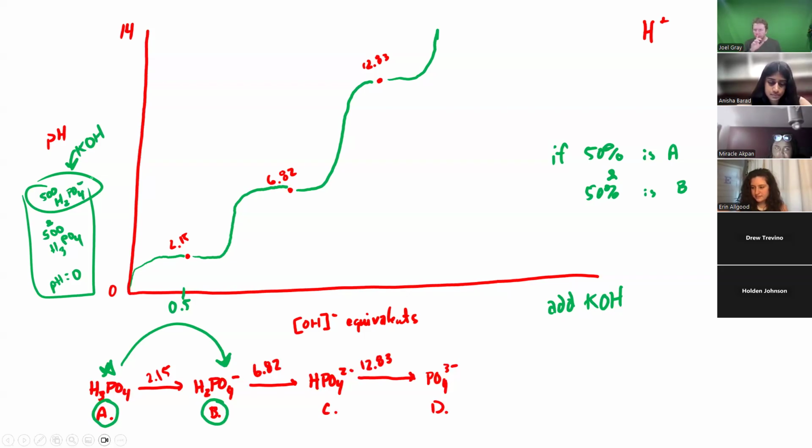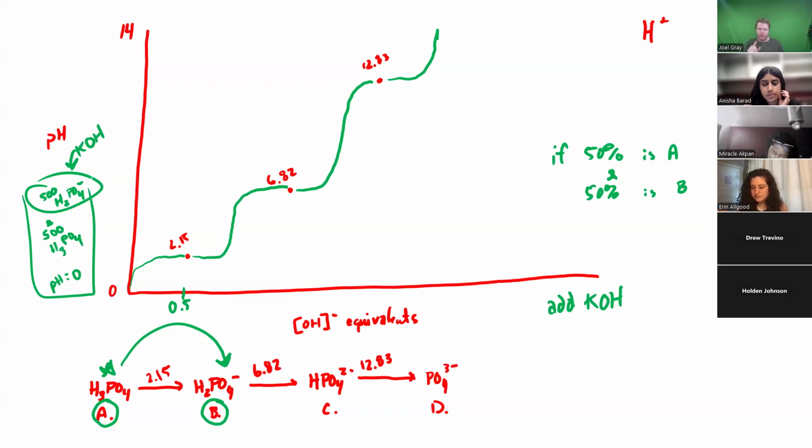Does everyone follow that? Does everyone visualize that point? Basically, I've deprotonated half of the molecules. Not completely deprotonated, but I've removed one proton from half of the molecules in my solution.